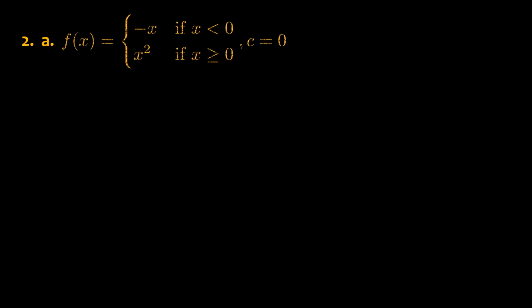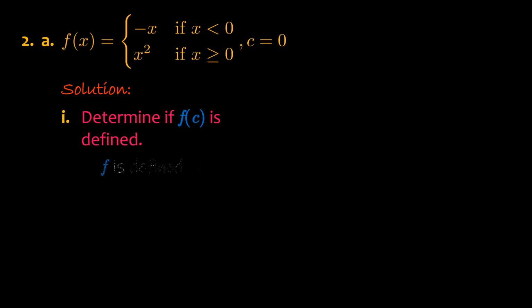Number 2. A. f of x equals negative x if x is less than 0, and x squared if x is greater than or equal to 0, with c equals 0. Solution. First, determine if f of c is defined.